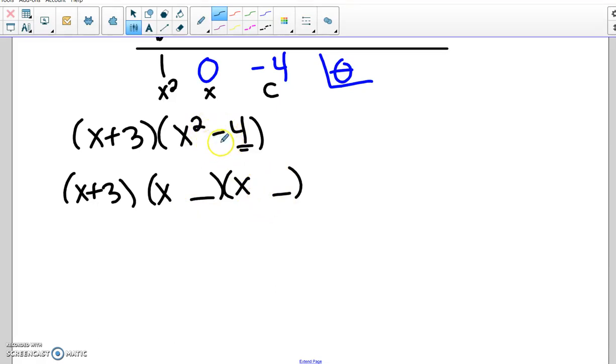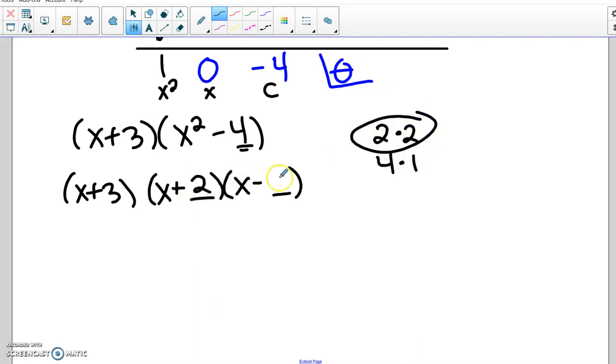Well, I know my sign is negative, so these signs will be opposite to give me that negative. I do know also that it's either 2 times 2 or 4 times 1. Both of these multiply to give me 4, but when I combine like terms, I need them to also cancel out and give me a 0, and that'll be these guys.